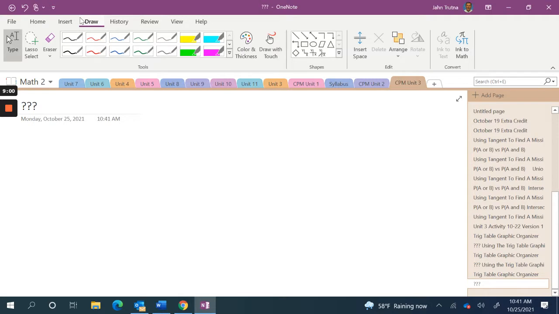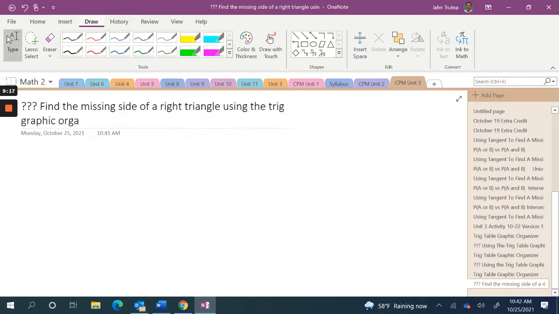Go to one of those pages and fill in this title: Finding the Missing Side of a Right Triangle Using the Trig Graphic Organizer. That's what we're going to change the title to on one of those pages. Find the missing side of a right triangle using the Trig Graphic Organizer.